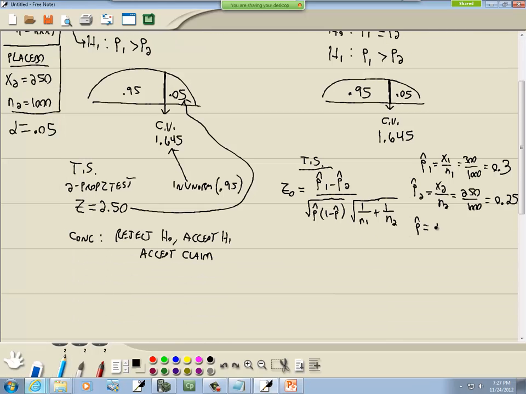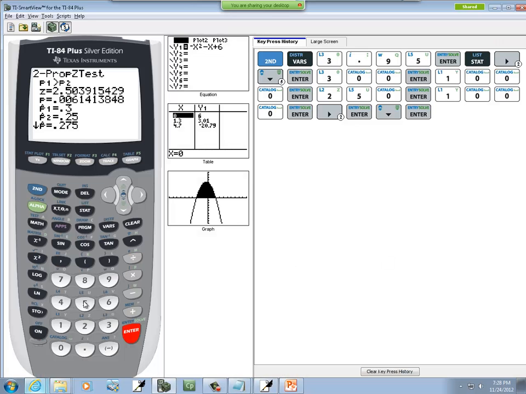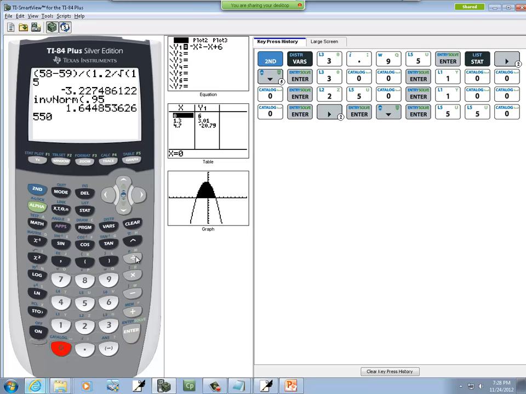Well, X1 was 300 plus X2, which was 250, over N1, which is 1,000, plus N2, which is 1,000. So that gives us 550 divided by 2,000, which is 0.275.